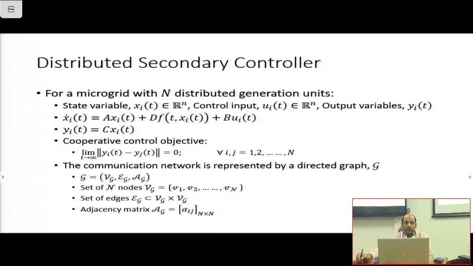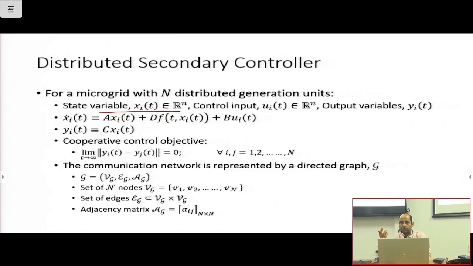Now your x represents your state variables. x belongs to real numbers. So you see the mathematics here: x belongs to R, and n is written over it. It represents an nth order real space because there are n generators. So xi represents a state variable or a state array of the ith source, and there could be n such sources, and all the states are real numbers.